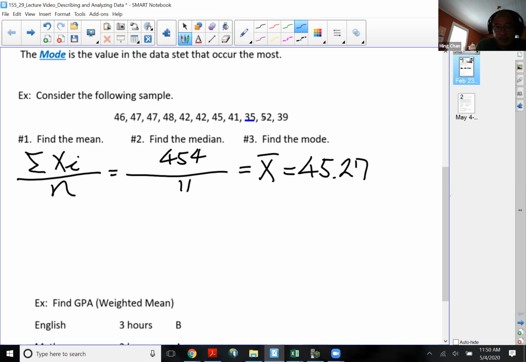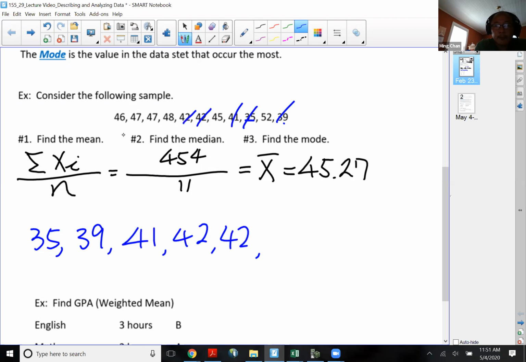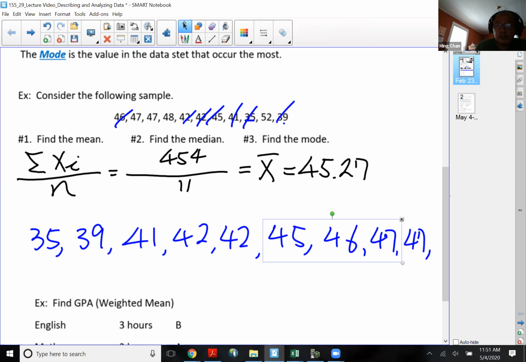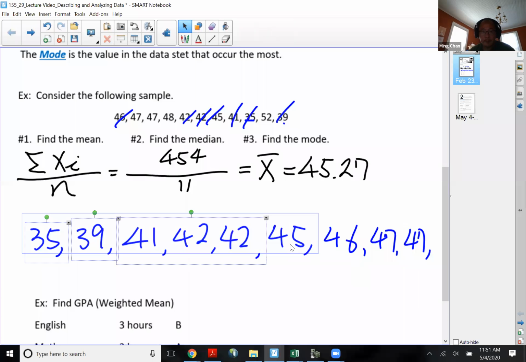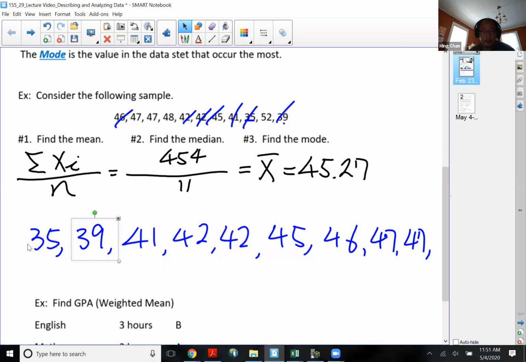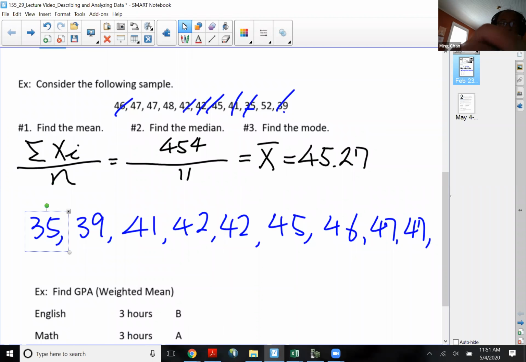Smallest number I got is 35, 39, 40, 41, 41, 42 twice, 43, 44, 45, 46 one time, 47 twice, and a 48. Let me just squeeze it in here.